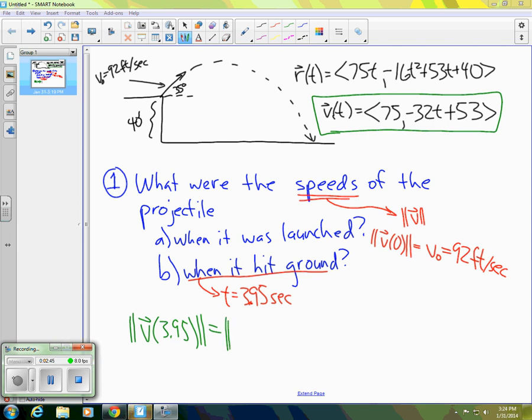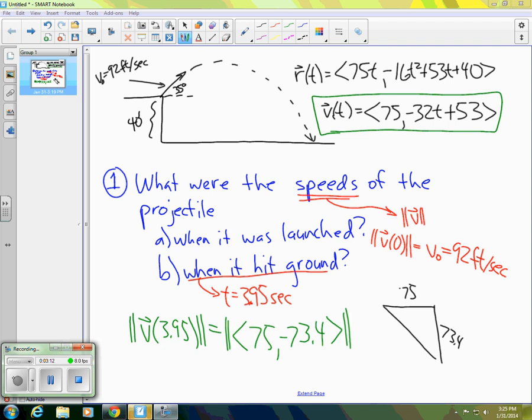So then we have the magnitude of the vector 75, negative 73.4. Now, if we were to draw a picture of that vector, we go 75 units to the right, and we go 73.4 units down.